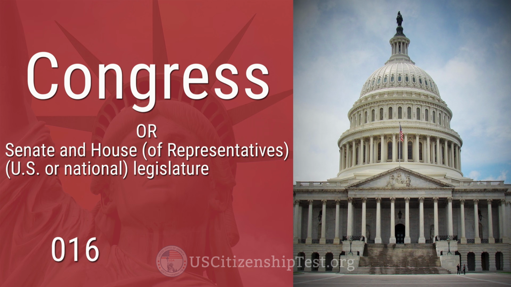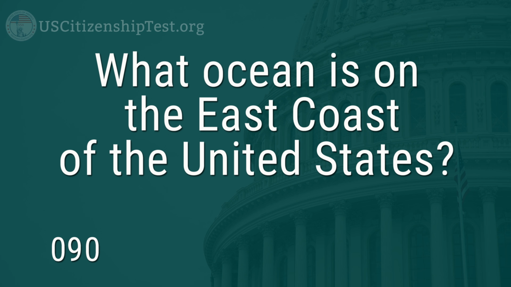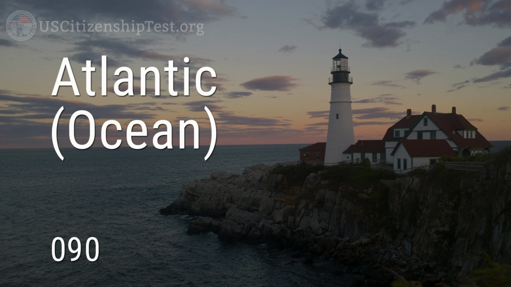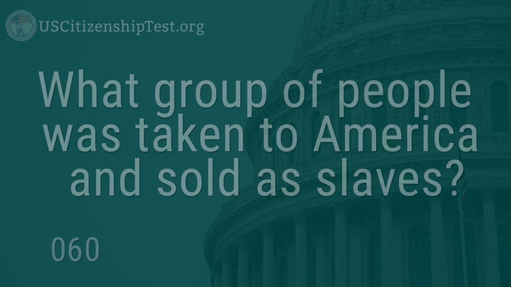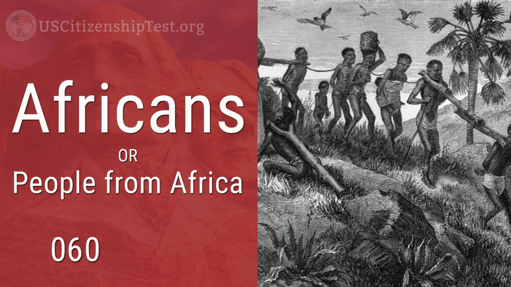Congress. What ocean is on the east coast of the United States? The Atlantic Ocean. What group of people was taken to America and sold as slaves? Africans.